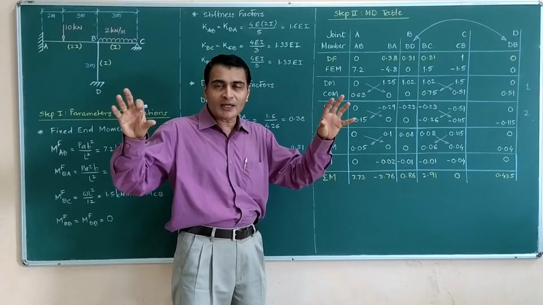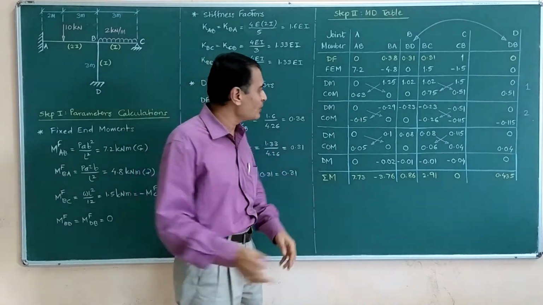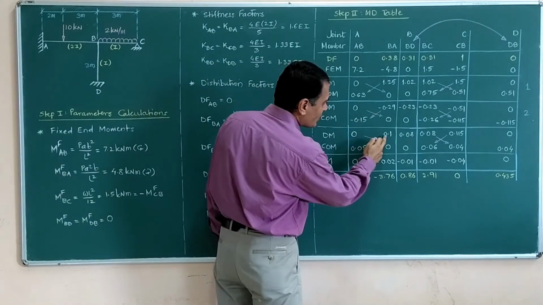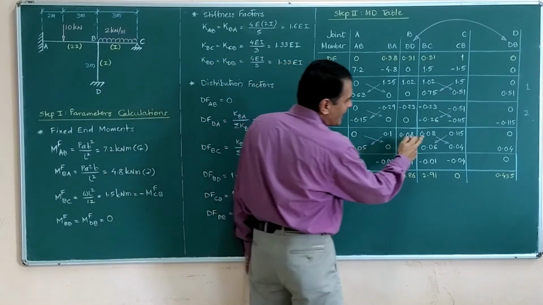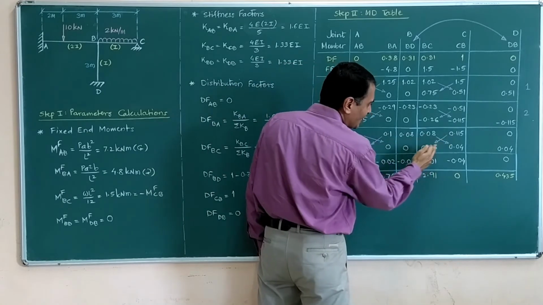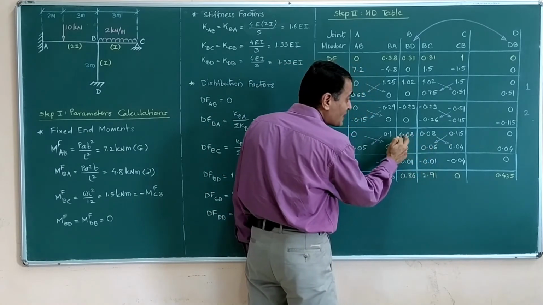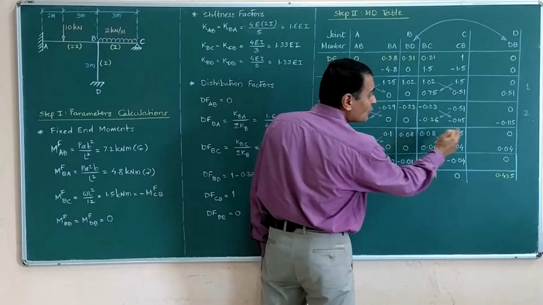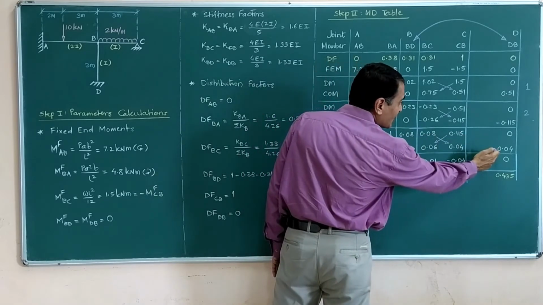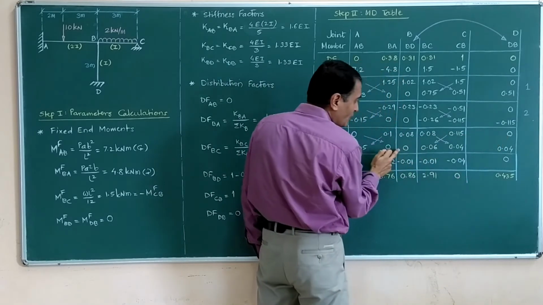Moments got distributed, then they will get carried over, so half of this goes here, half of this comes here, half of this goes there, half of that comes here, half of this from B will go to D, and half of this will come here.